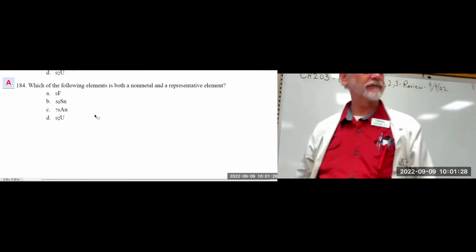So just in the non-transition. Forget about these two, and these, and the rest are representative. I don't know where they got that name. Doesn't make any sense to me. Representative of what? I don't know.